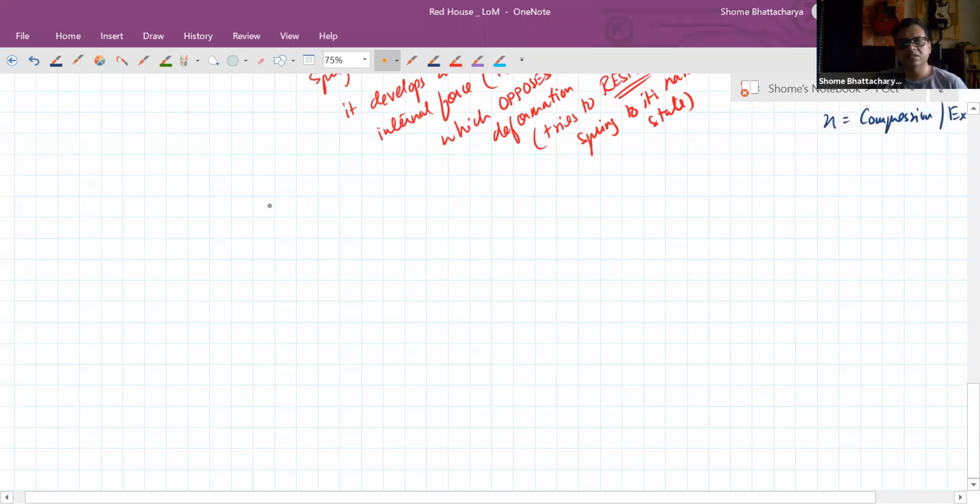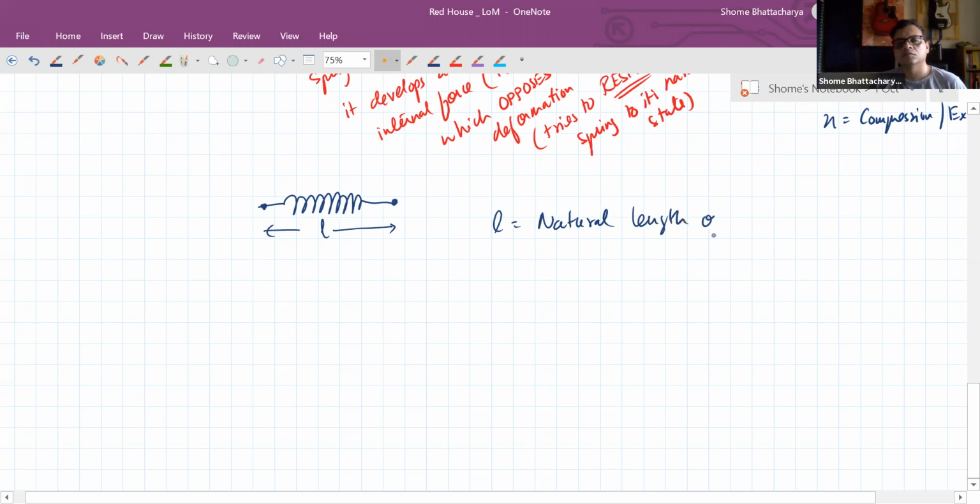So let us say this is a spring when we are not applying any forces to it. This is what we call the natural length of the spring, the undeformed state.